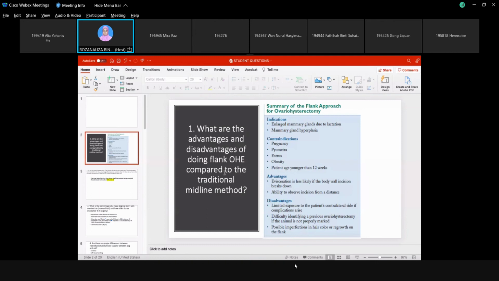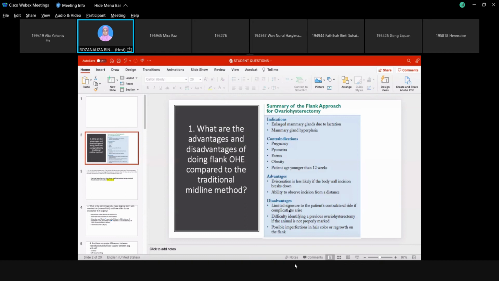So what are the advantages of the flank approach? Evisceration is less likely, and you are able to observe the incision from a distance.